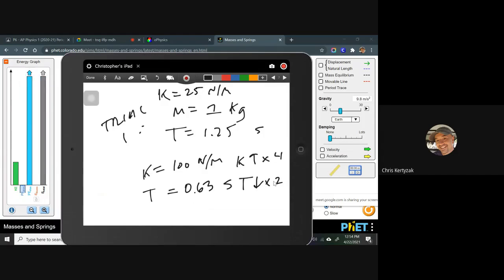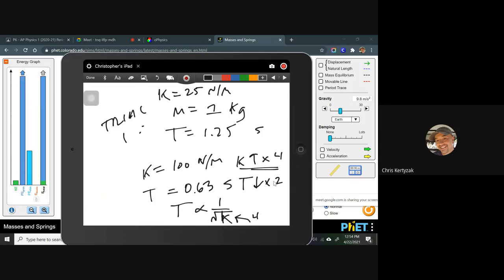So that tells us that the period has an inverse proportion to the square root of K. That tells us again that if K were to go up by a factor of 4, you can imagine putting in the number 4 here and then applying the square root around it. 2 comes out of that.